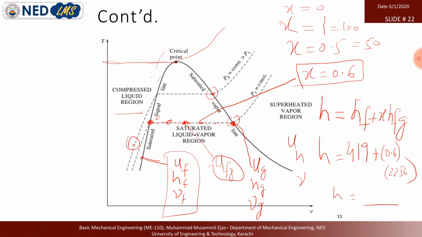If we need to calculate the properties here, we have another table, that is A7, or let's see what the number of this table is. We look at the table over here and we get the answer. If we need the values here, we simply need to know the pressure, and we get the values. In compressed liquid, we only need to know the pressure and temperature to get the values. Let's see how.